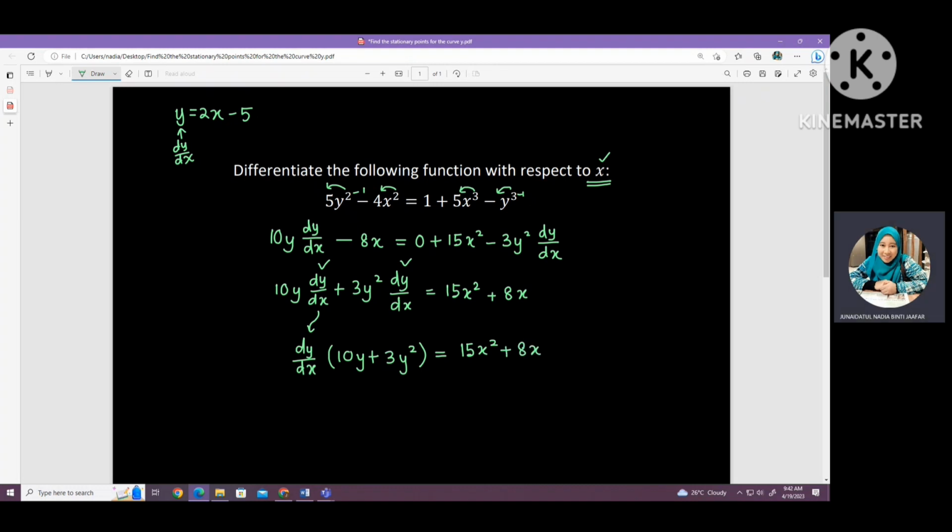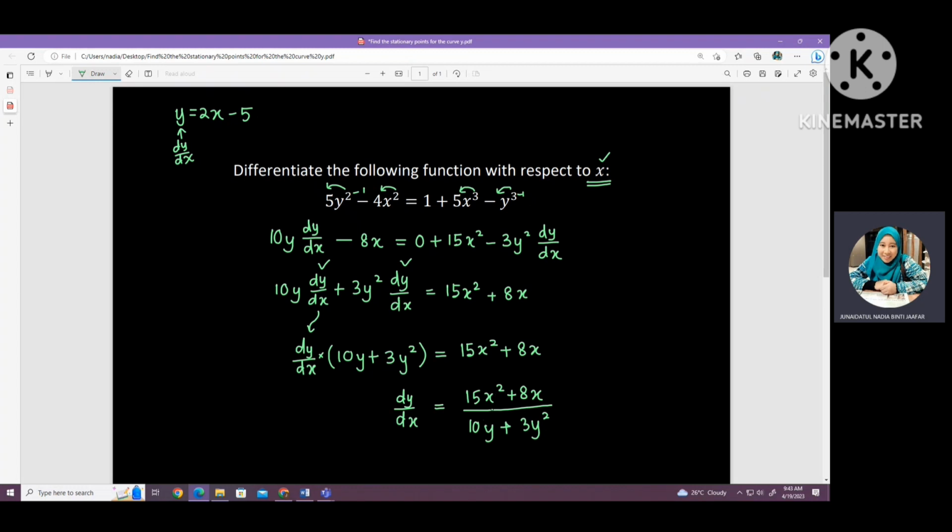Then we just want dy/dx on the left side. So dy/dx is equal to, this one is a multiplication process, so we bring it to the right side: 15x squared plus 8x, and then we divide by 10y plus 3y squared.